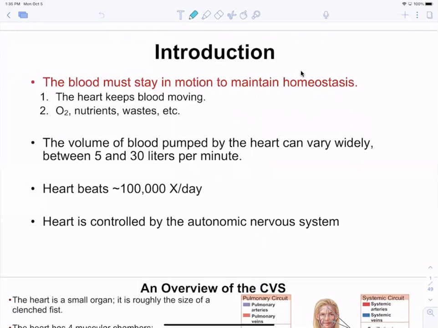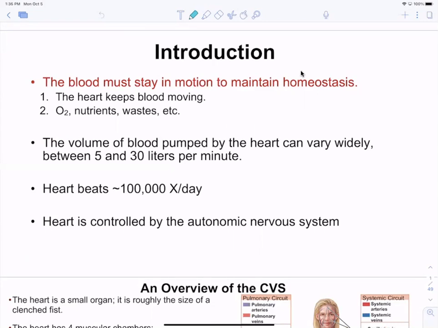And it has to stay in motion because we need oxygen delivered at all times to the cells of our body, and we need carbon dioxide taken away so we don't get too acidic. We need nutrients delivered to the cells, and we need our waste products taken away.